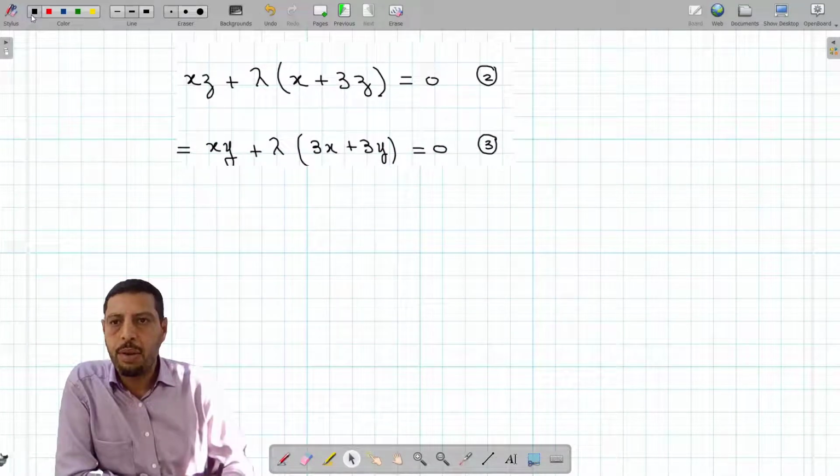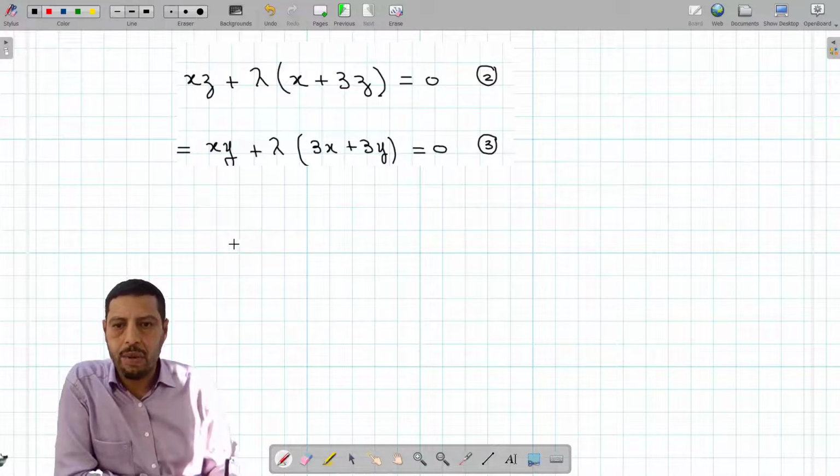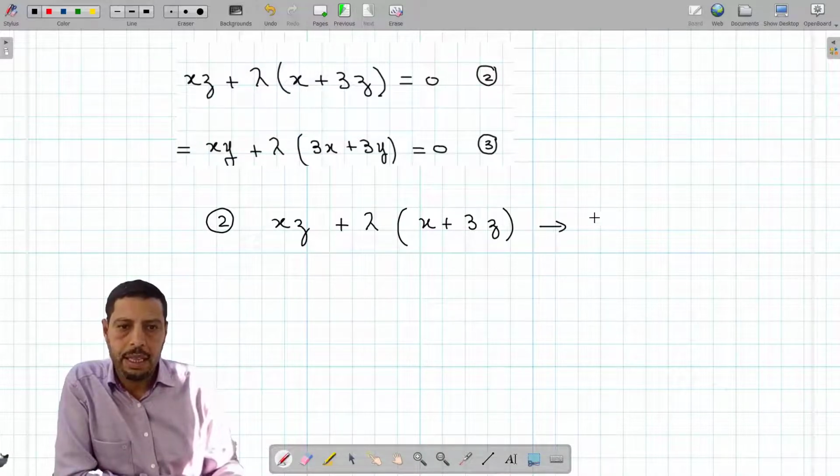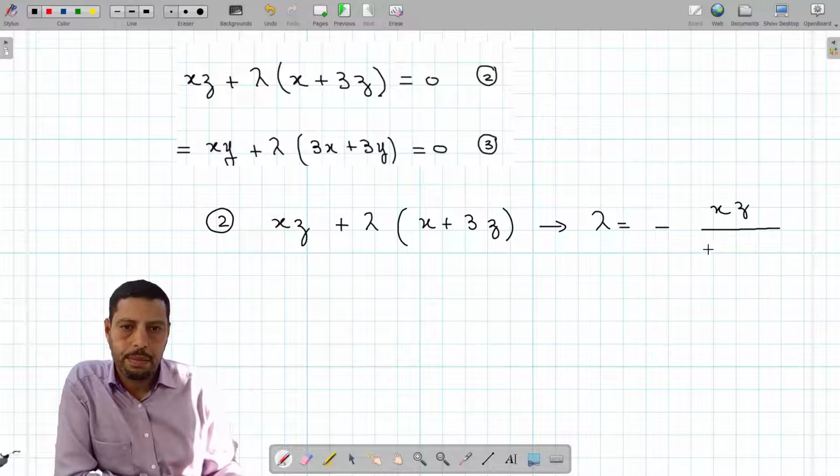Now, I will use the equality x equals y. So I can write the second equation, from equation number 2, as xz plus lambda times (x plus 3z). It gives that lambda equals minus xz over (x plus 3z).